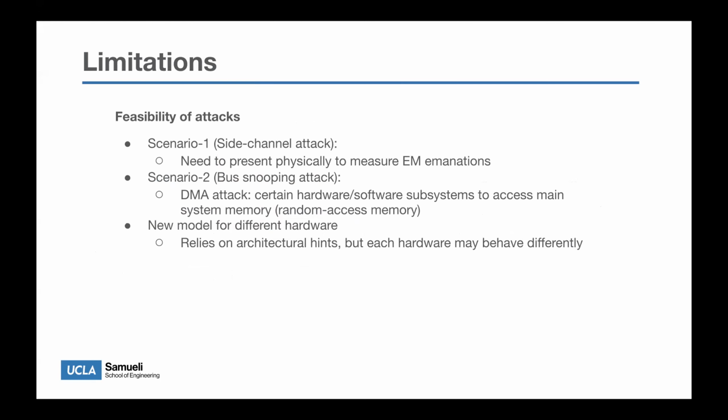Another limitation of this work is that you need to train a new model for different device architectures, for different devices. The reason is that the architecture hints may be different.